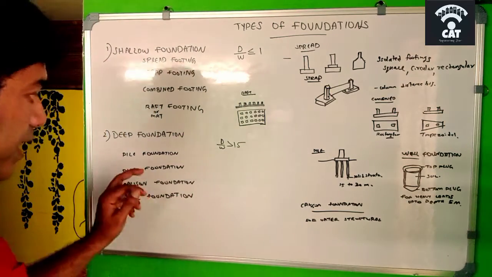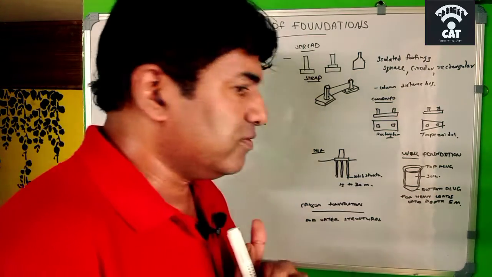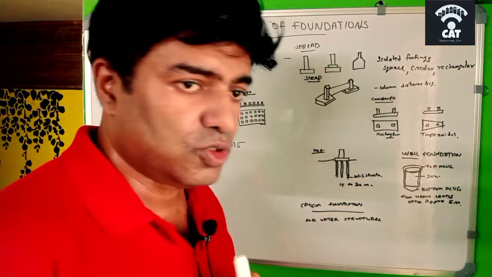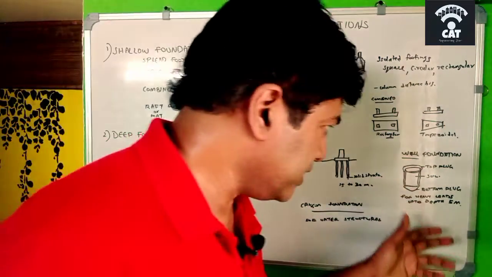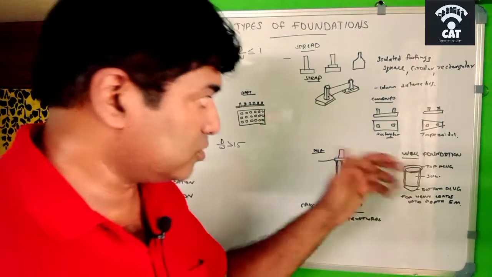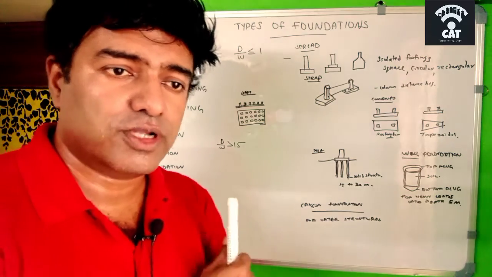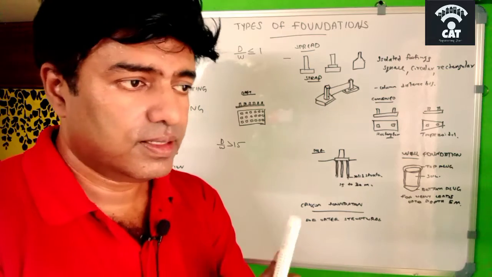And when it comes to the pier foundation, we usually give it when there is heavy load acting, and there is no need to go much deeper. It can go up to a depth of 5 meter. It is not shown here, but we can see it. And in the pier foundation, some area of the pier will come up above the ground.